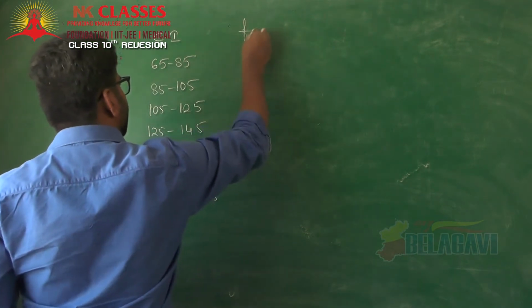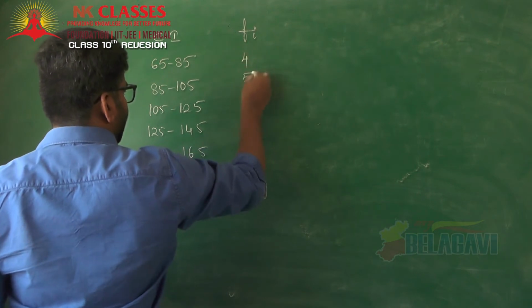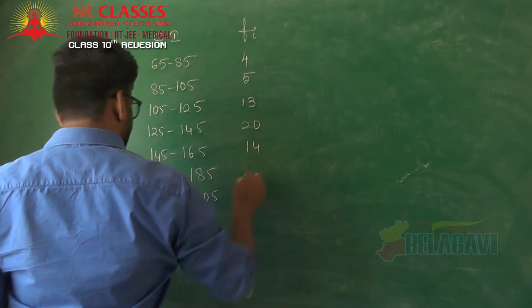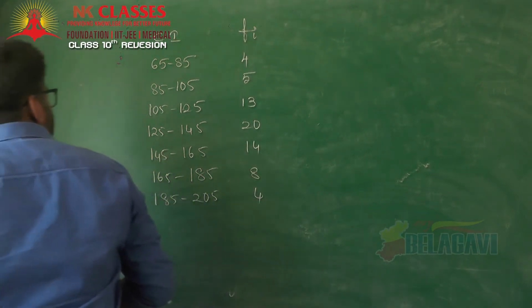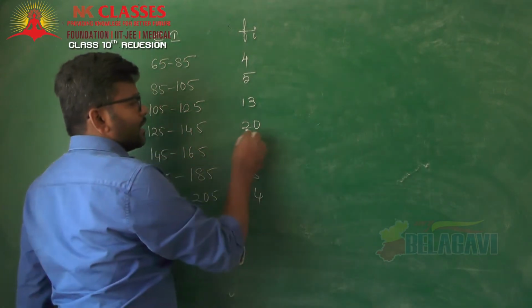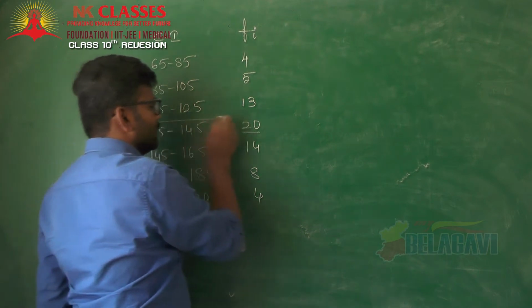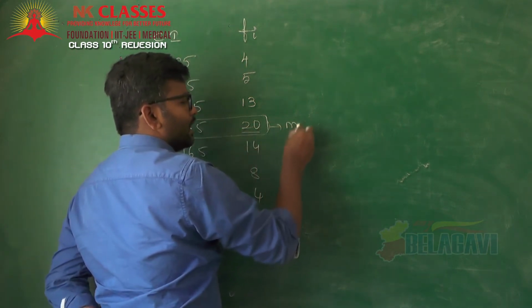The corresponding frequencies fi are 4, 5, 13, 20, 14, 8 and 4. Now you can see that in the frequency column the number 20 is the largest. So this class will be your modal class.